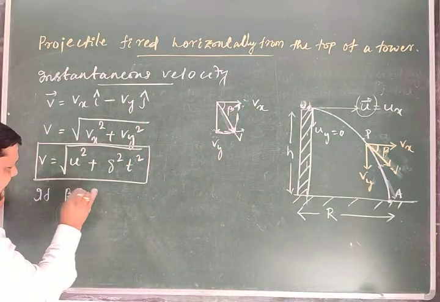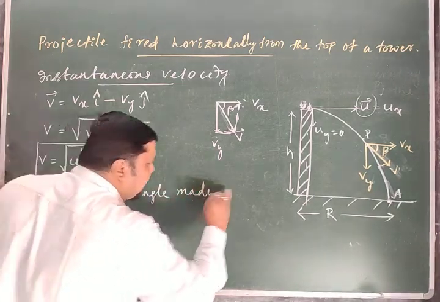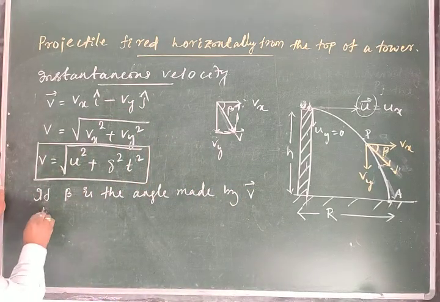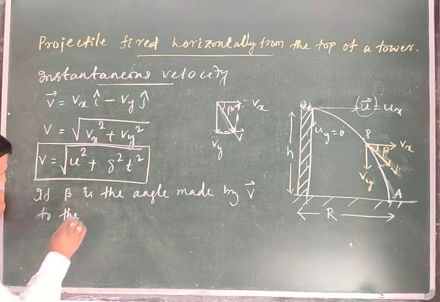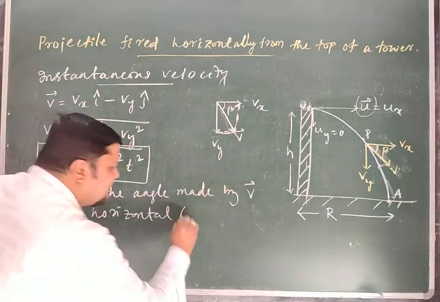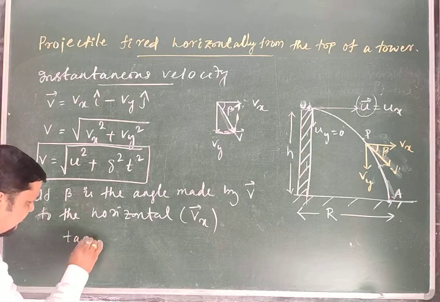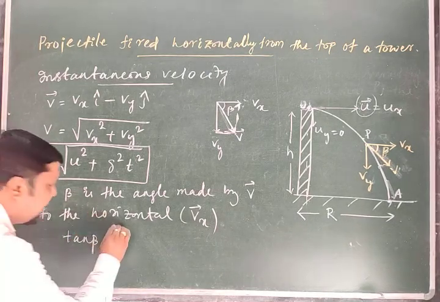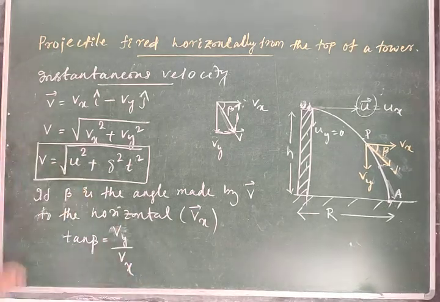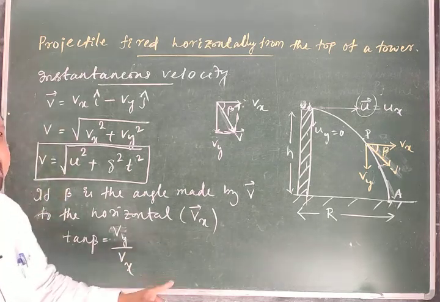If beta is the angle made by v to the horizontal, that is your vx, then tan beta is equal to vy by vx. You already know that, because vy sin 90 by vx plus vy cos 90 is 0.